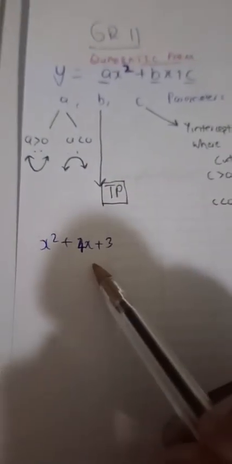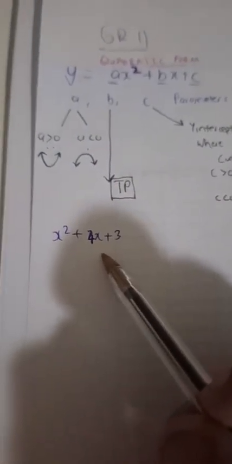But I want us to explore a few things here. Let's say we were given a function x squared plus 4x plus 3. This means a is greater than 0, b is greater than 0, c is greater than 0.